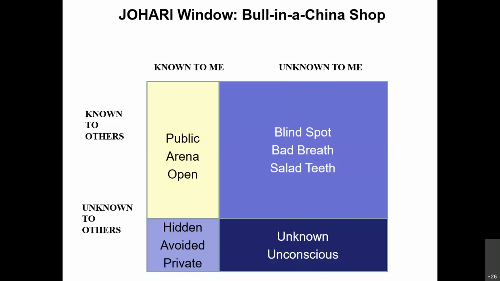And during every namaz, if they have to say, Allahu Akbar, La ilaha illallah, Muhammadur Rasulullah, and when they say, Bismillahir Rahmanir Rahim, God is merciful, God is beneficent, if they say that, how can they pick up a gun and kill people? That is where unknown to me and known to others. They don't know themselves, but everybody else knows that they are causing terrorism. This syndrome is called bull in a china shop.